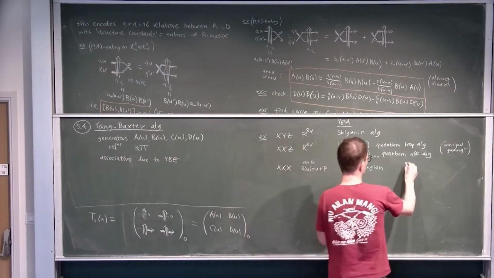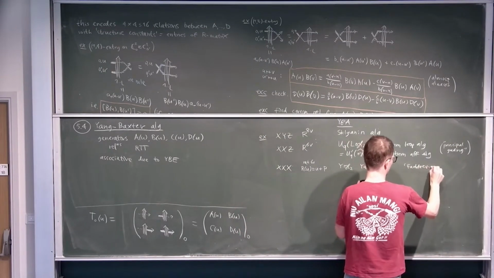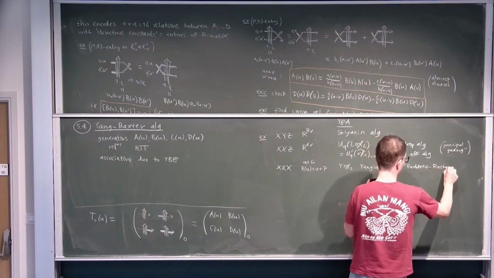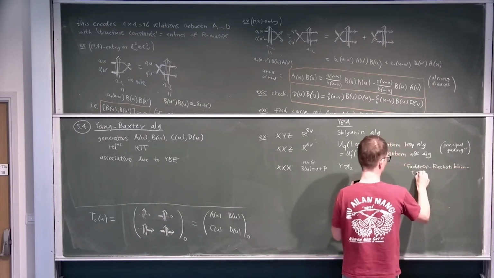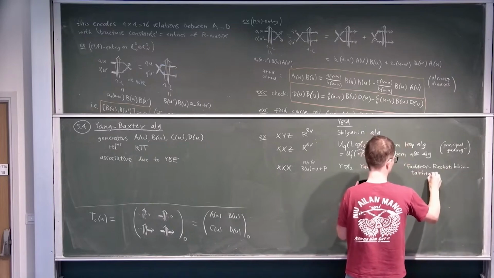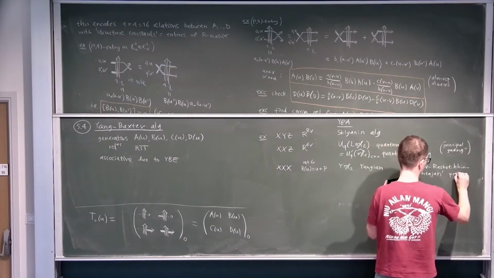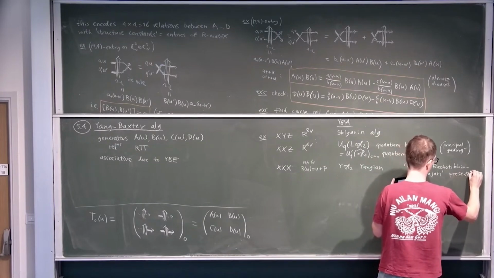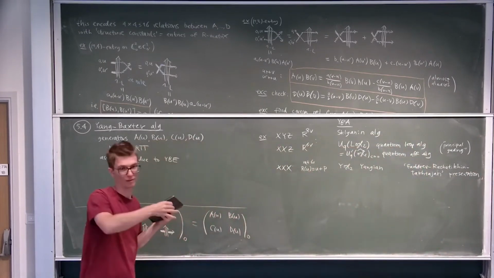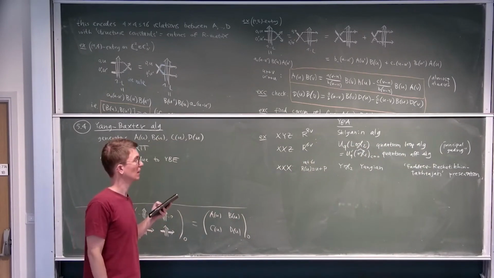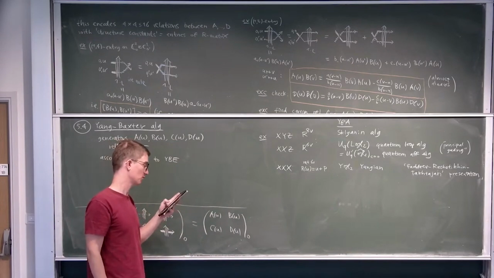And to be precise, this is called the Faddeev-Reshetikhin-Takhtajan presentation. So all these quantum groups have various different presentations, and this presentation by FRT is called the FRT presentation.